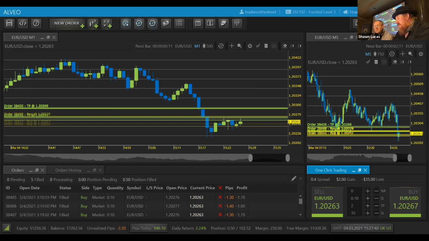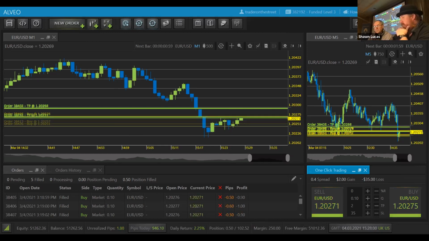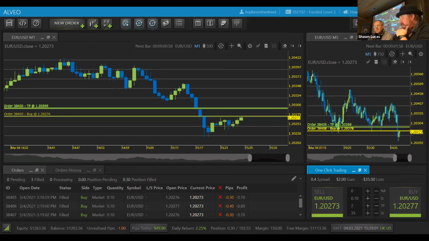And really just kind of stuck in nowhere land right now. But we'll see. It's going to break at some point here. It's going to break and make a run. That's fantastic. We'll take that.